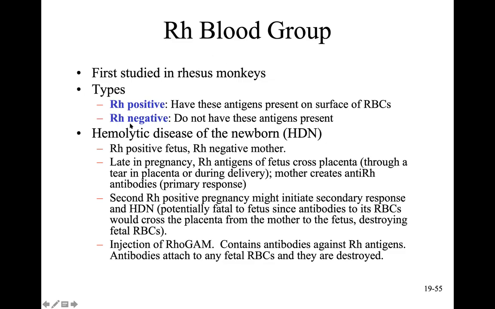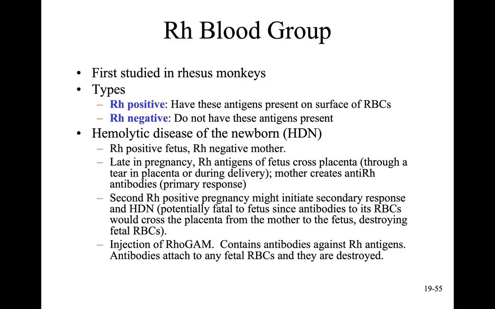In other words, that Rh negativity, that's the only time when we see an incompatibility, but it requires a first instance. Now, the best example of this is probably the most cruel example there is, and that's hemolytic disease of the newborn, right?